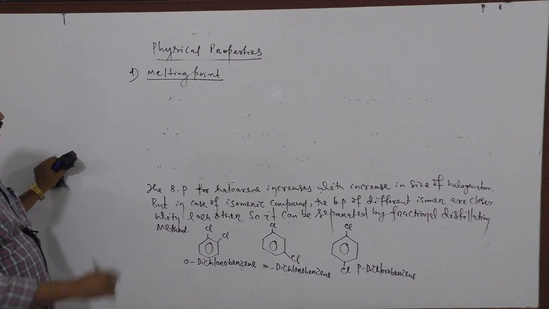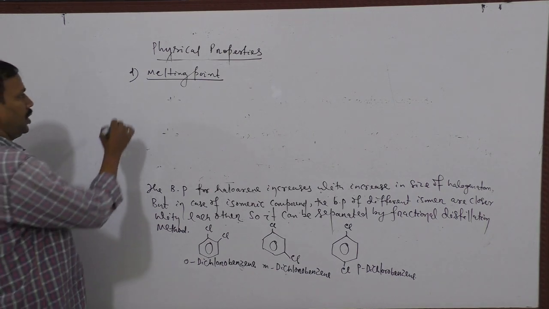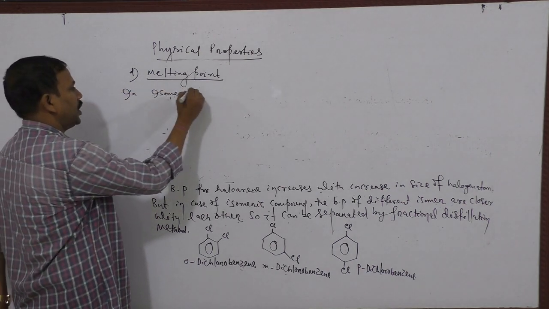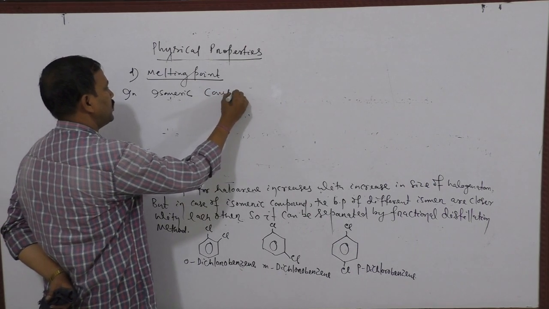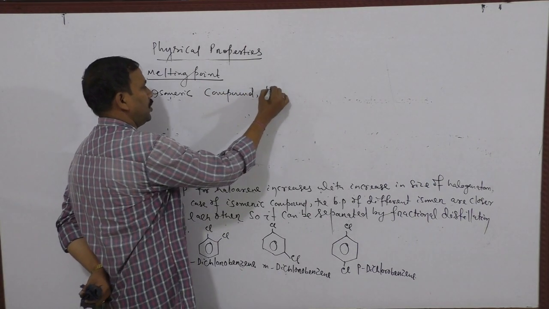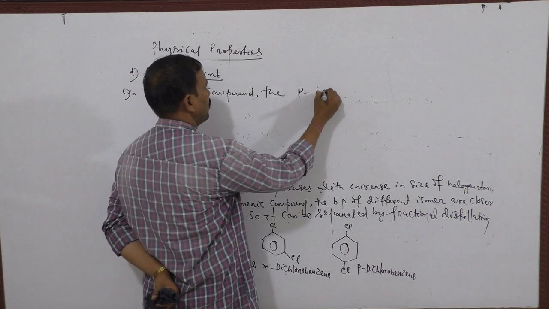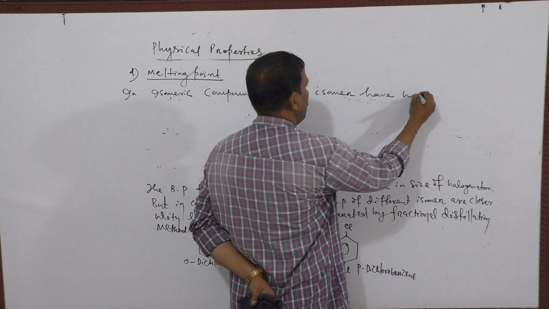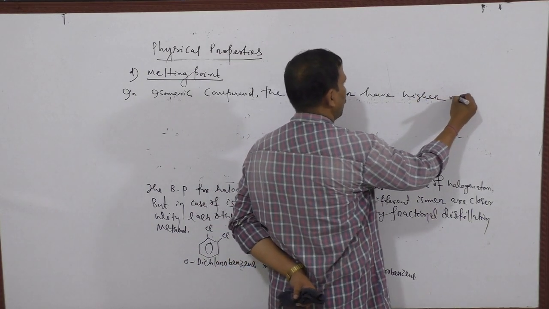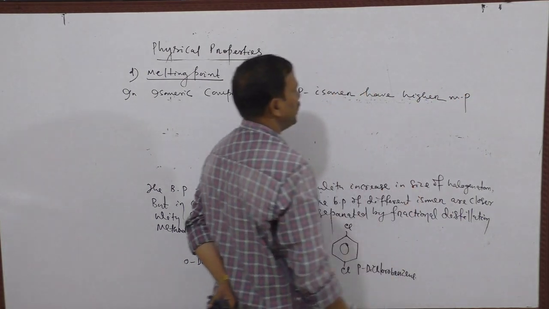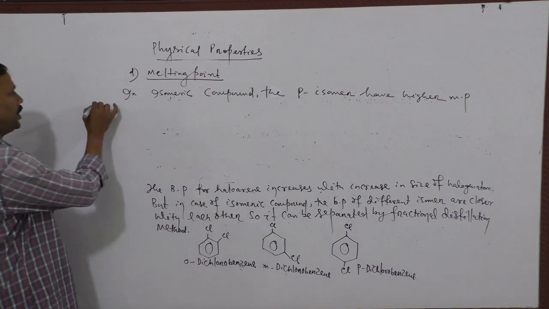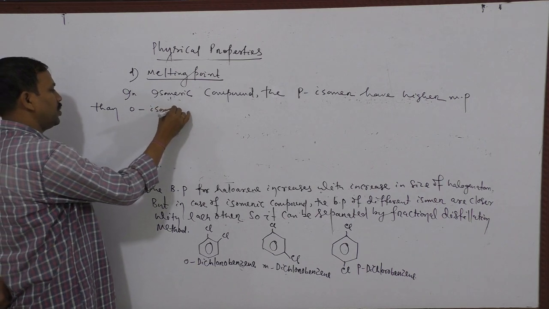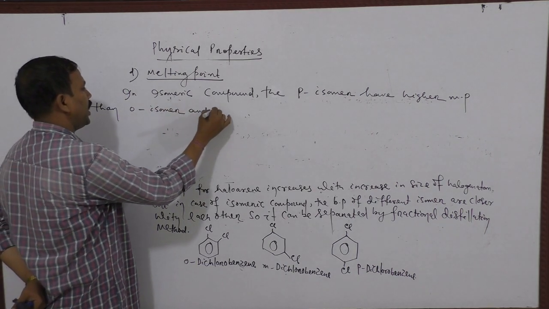But in case of isomeric compound, the para isomer has higher melting point than O isomer, means ortho isomer, and M isomer.